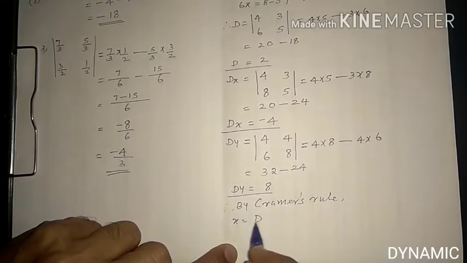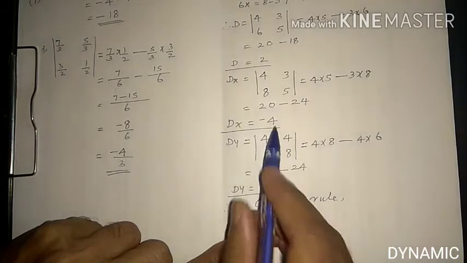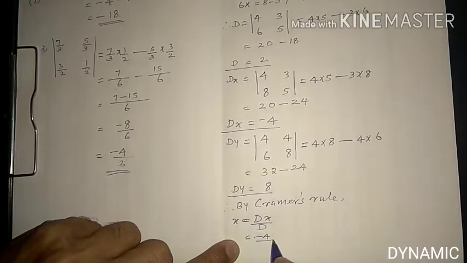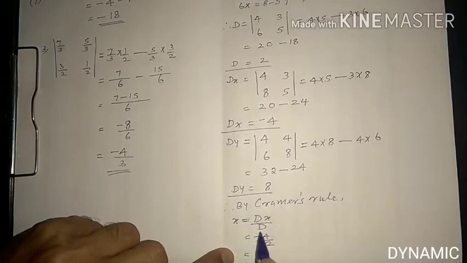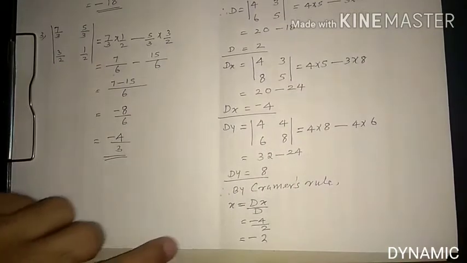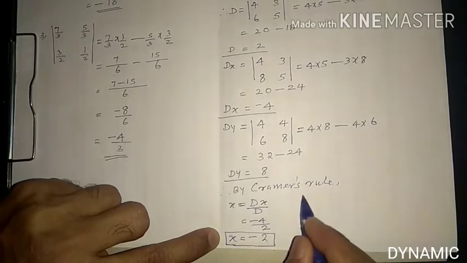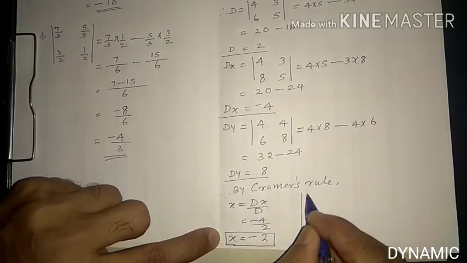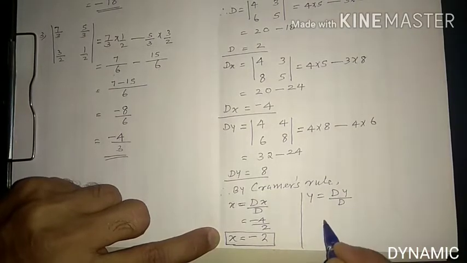Now by Cramer's rule, x is equal to dx by d. dx is minus 4 upon d is 2. 2 cancels here, minus 2. X is equal to minus 2. We do y here. Y is equal to dy by d.